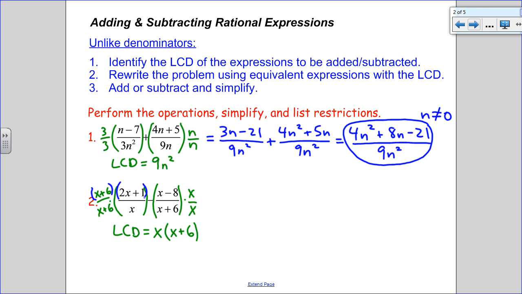Multiplying the two binomials, x plus 6 and 2x plus 1, yields the trinomial 2x squared plus 13x plus 6. And multiplying x by the binomial x minus 8 yields x squared minus 8x.